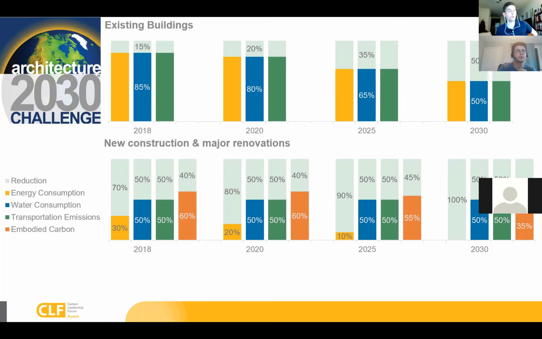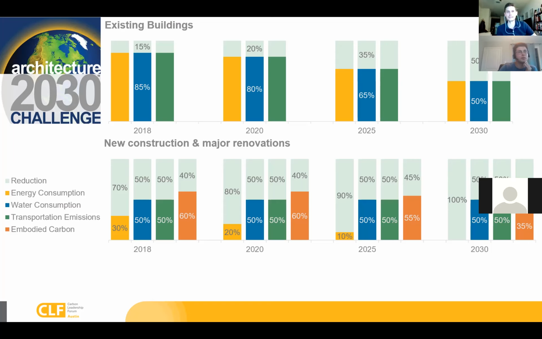So 2003 was a while ago, so it's not that hard to beat those benchmarks. But I think we're up to like an 80% or 75% reduction from those benchmarks in operational use, which is a challenge. Hence the name of the Architecture 2030 Challenge. So we're reporting on that right now, and that's operational.